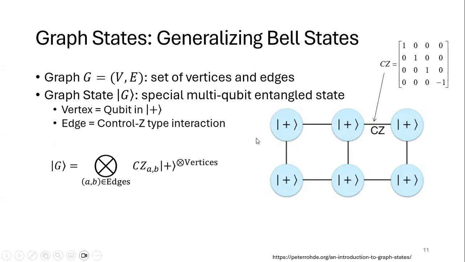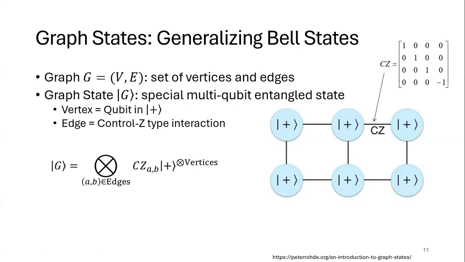If you want to think about a graph state, what you will have to do is think about each of the vertices as qubits being prepared in the plus state, and each of the edges in your graph as being a control-Z type interaction between your 2 qubits. And a control-Z is just given by this matrix in the computational basis, right? So that's all of what a graph state is.